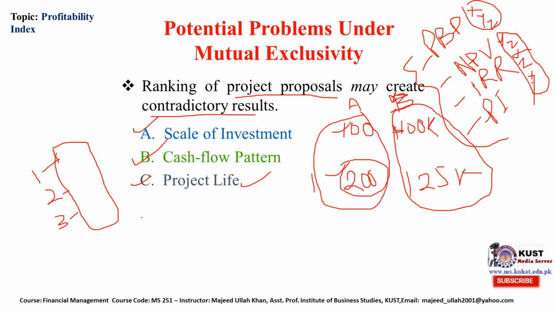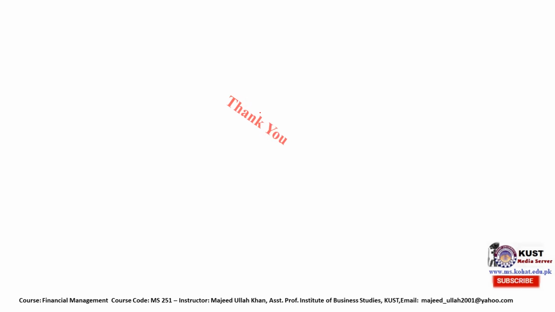One project may have a 4 year life and the other project may have a 1 to 2 year life, but their present value and IRR are the same. So which project would you want to undertake? These issues, project life, cash flow pattern, and scale of investment, will be discussed in detail in a coming lecture. This is all for today's lecture. Thank you.